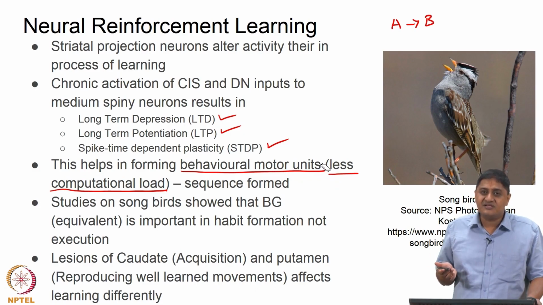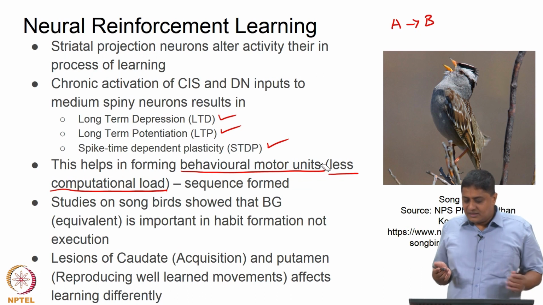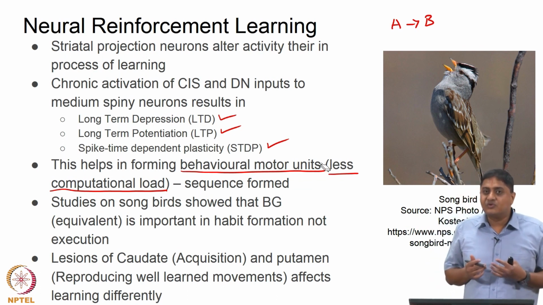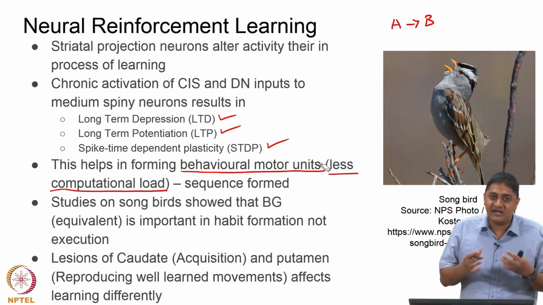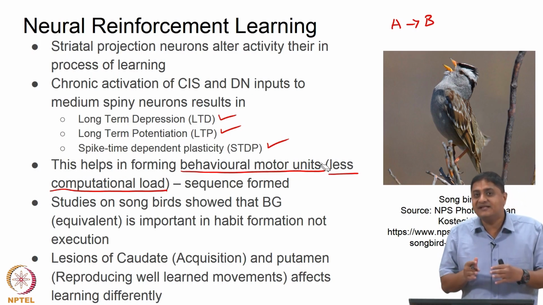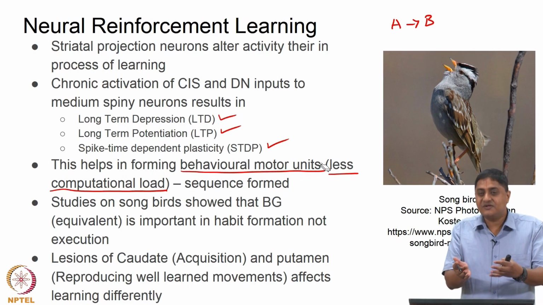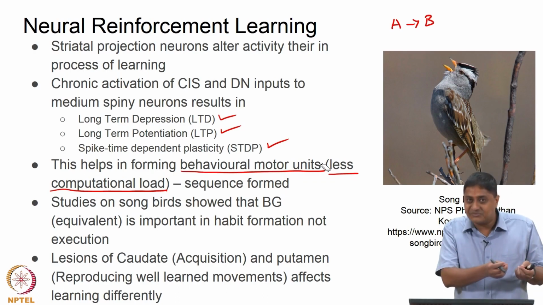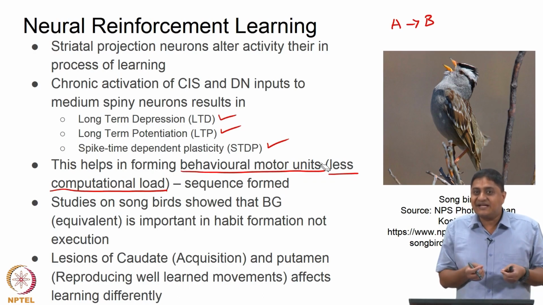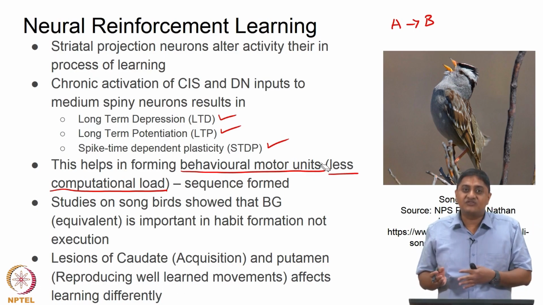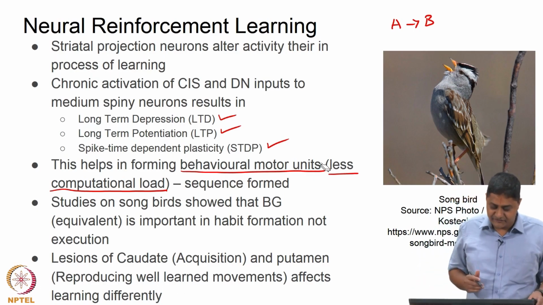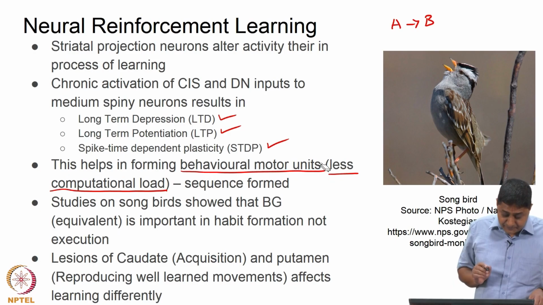So, it seems like the basal ganglia is crucial in acquiring motor skills, in forming a habit, but not necessarily in executing that habit. For me to learn something new, the basal ganglia or its equivalent structure is crucial, but to execute that function it is not as crucial, at least in the case of the songbirds.